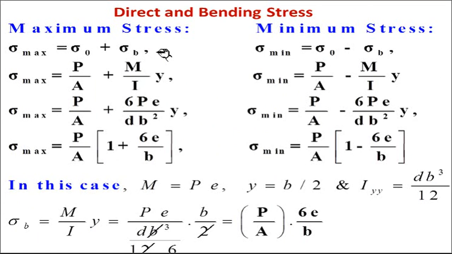If you do sigma 0 plus sigma B, what will you get? Sigma 0 is P by A, sigma B is M upon I into y, and sigma max equals P by A plus M upon I into y. Here I have replaced M with P into e. M is the moment produced due to the eccentric load. M equals P into e, and y is equal to b by 2. Okay, y equal to b by 2.